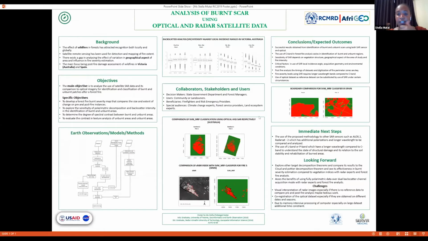Based on my analysis, when I did the backscatter mapping against local incidence angle, fire zone 1, which was a little bit flat, had an incidence angle range between 0 and 30. So it showed a lot of difference between burnt and unburnt areas.